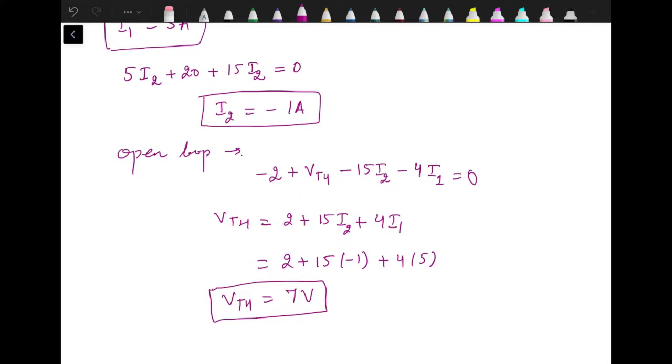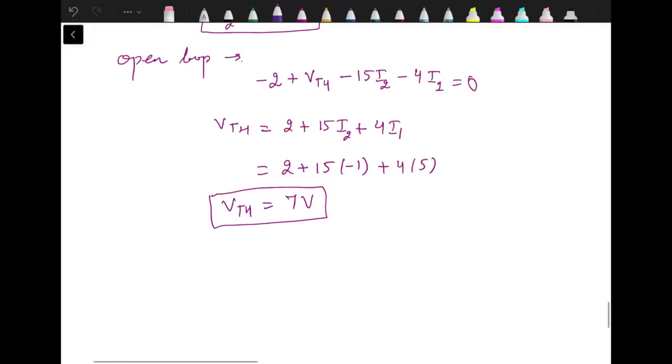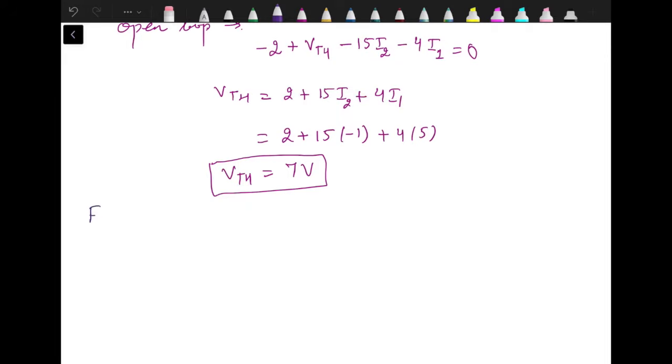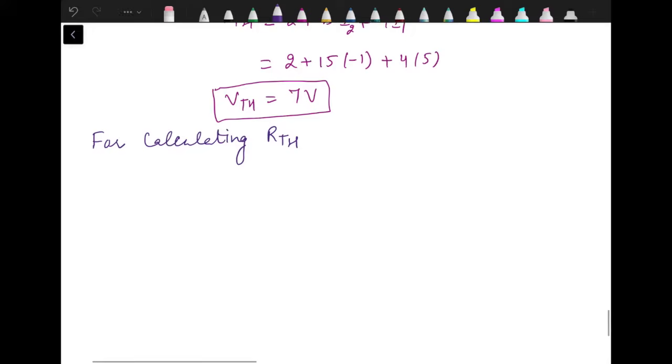So once we have the value of VTH, the next step is we need to calculate RTH. Now for calculating RTH, we have to redraw the circuit again by replacing all the independent voltage sources by short circuit, and if we have any independent current source, that has to be replaced by open circuit.